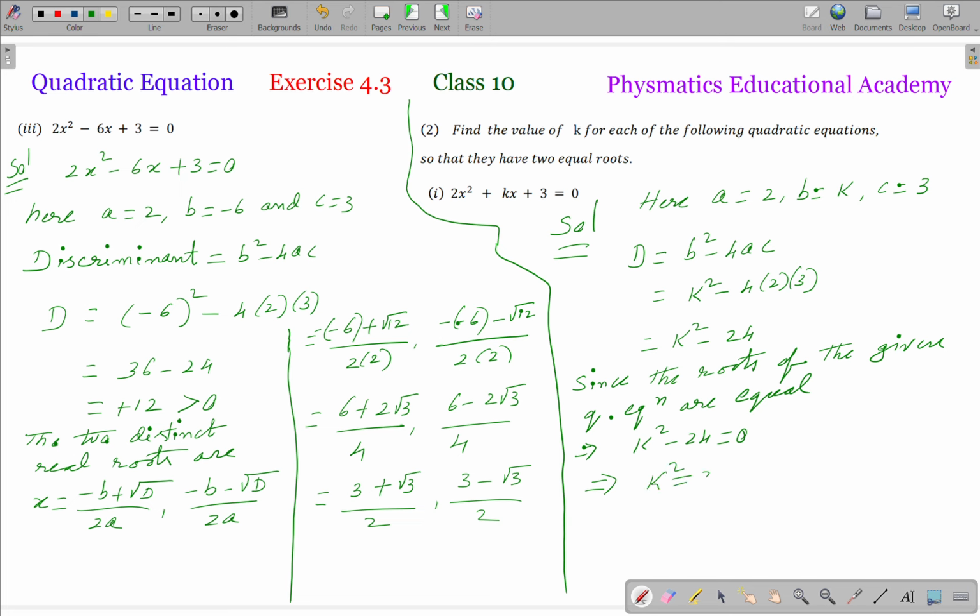So that implies k square is equal to 24.